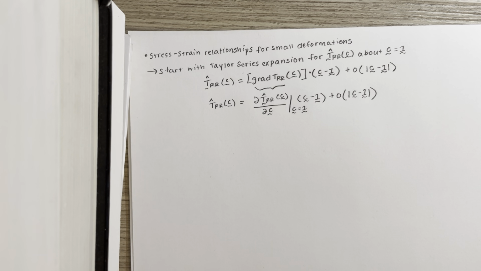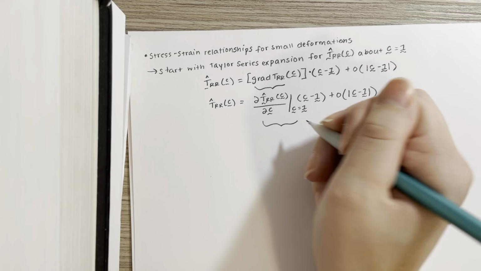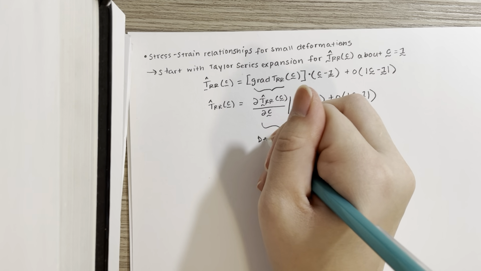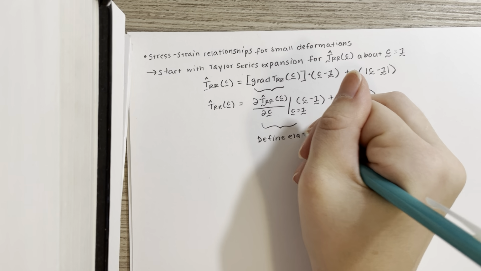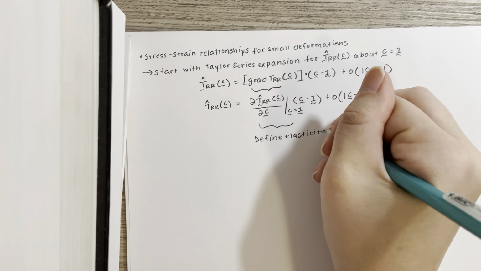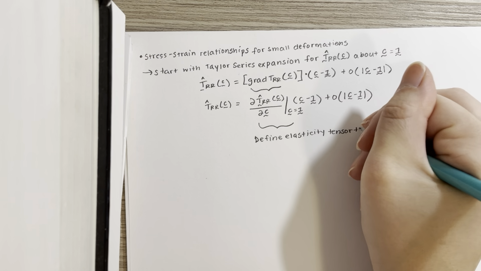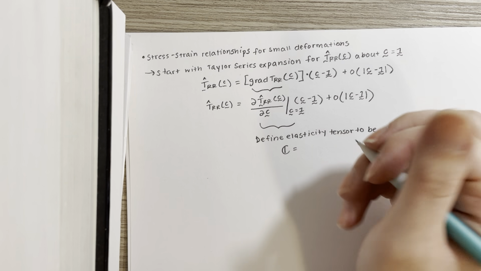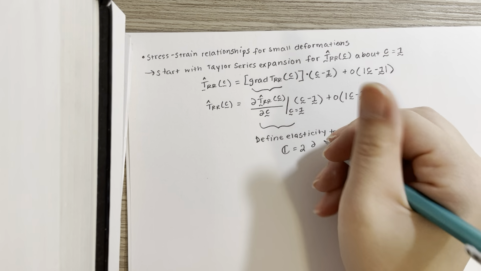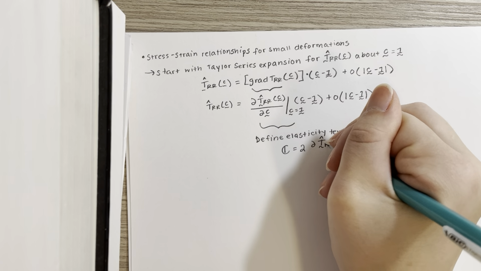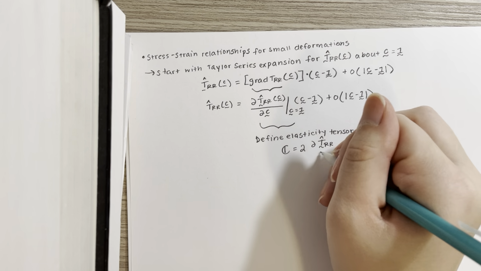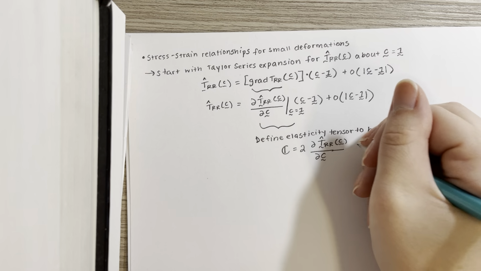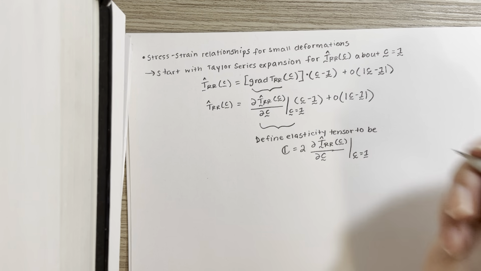So using this, we can define our elasticity tensor to be C equal to 2 times the derivative of the second Piola-Kirchhoff tensor evaluated at C equal to 1.